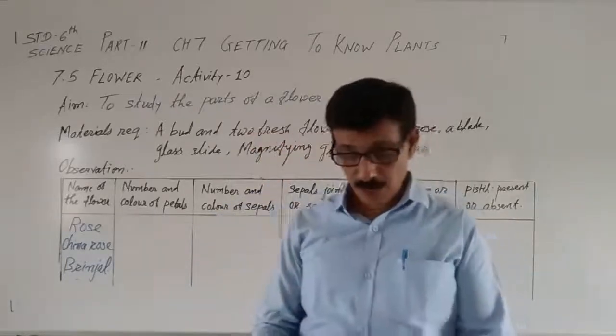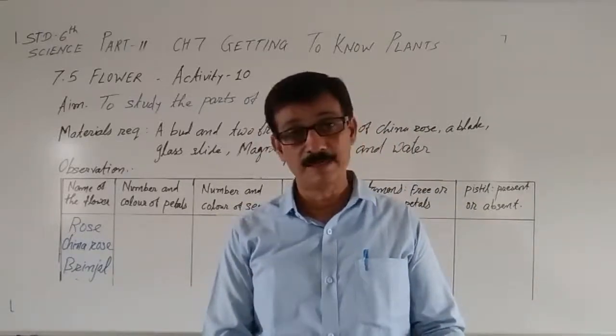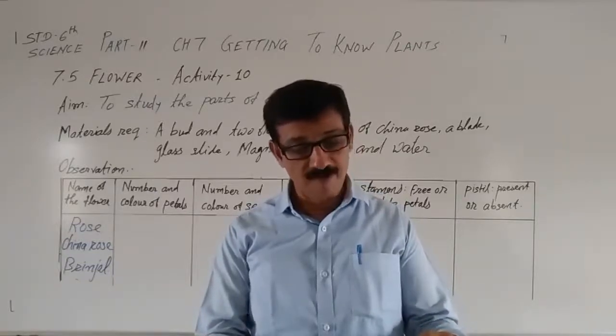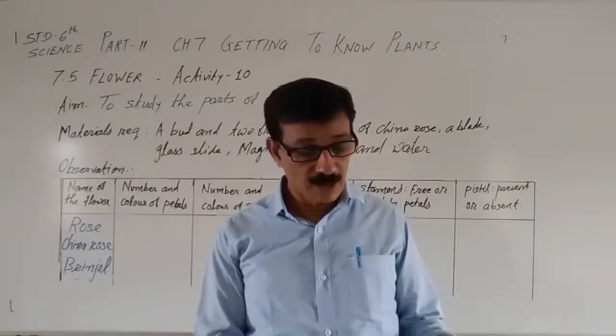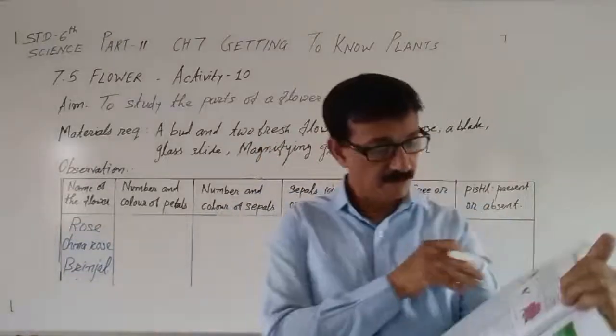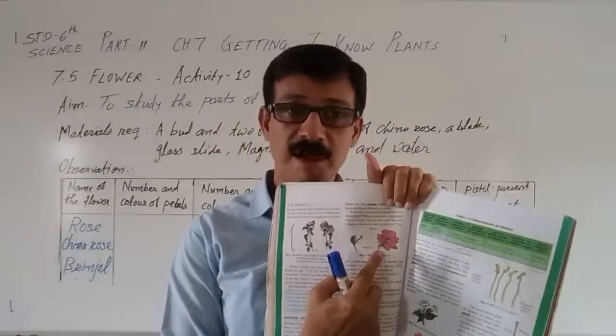Now observe figure 7.20 carefully. Look at the prominent parts of the open flower. Now let's see this figure first. This is figure 7.20. This is a bud, this is a flower.